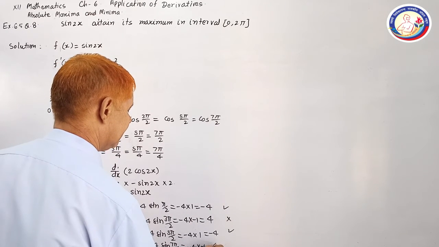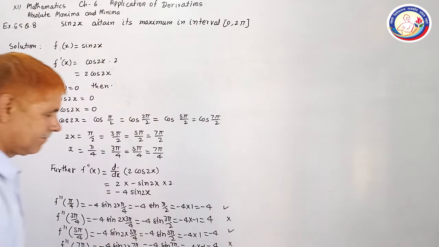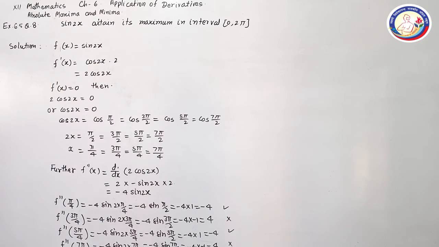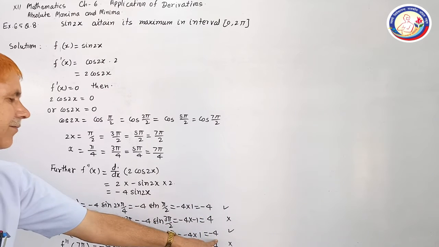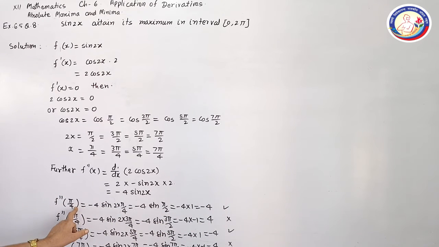So it is 4. So the values of the second derivative at pi by 4 and 5 pi by 4 both are negative. It means these are the points where the maximum value exists, at pi by 4 and 5 pi by 4. So local maxima.